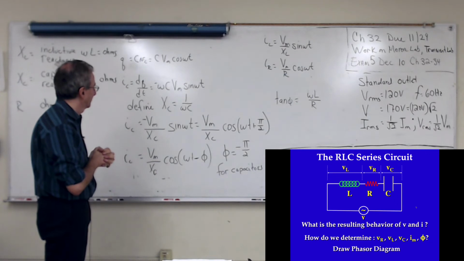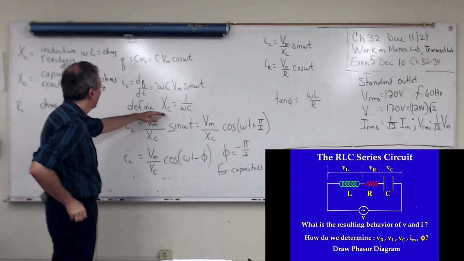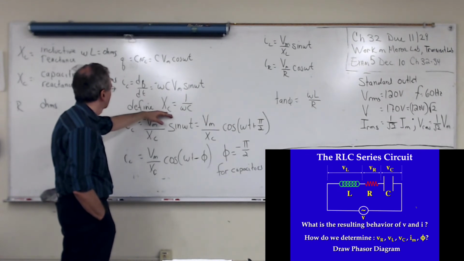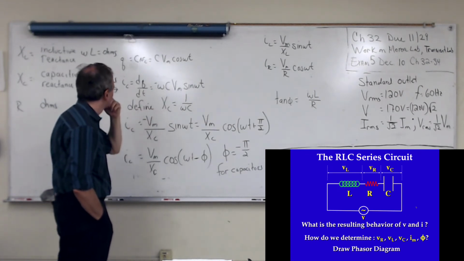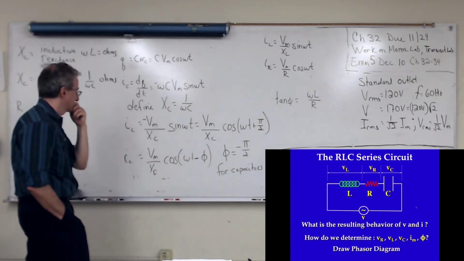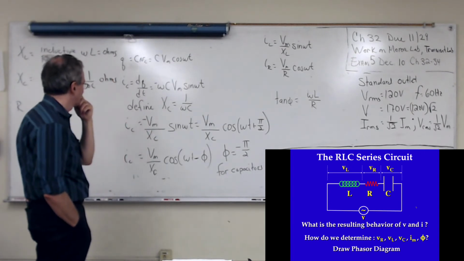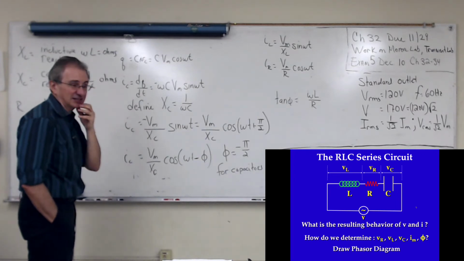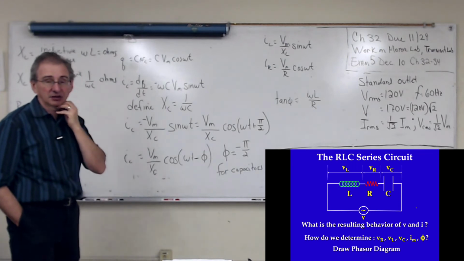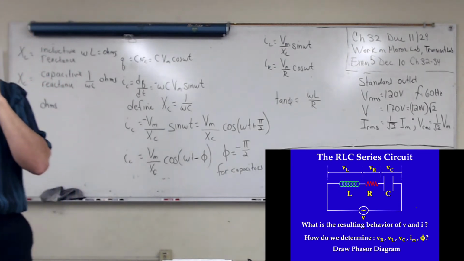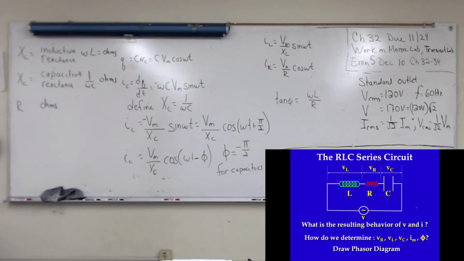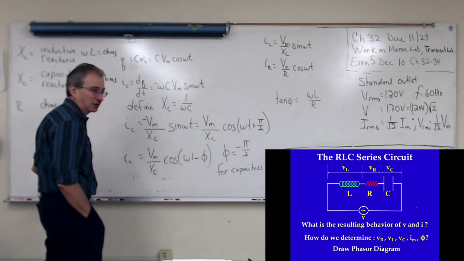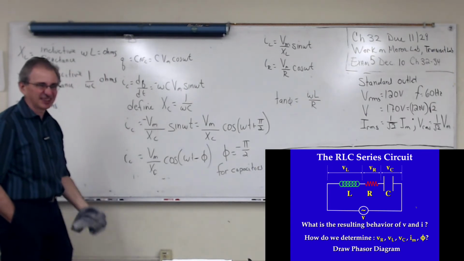Does your current blow up? Well, yeah, it's as if you have no resistance in your circuit. Of course, we're talking about the ideal case. All circuits have some sort of resistance in them.